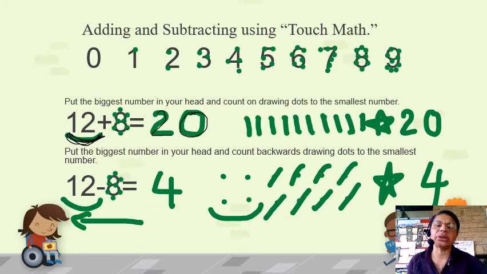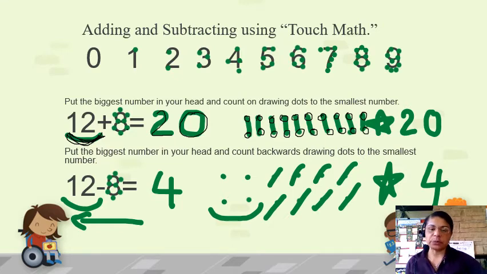So then I went here and I put little dots. 1, 2, 3, 4, 5, 6, 7, 8, 9, 10, 11, 12, and then I added 8 more. 1, 2, 3, 4, 5, 6, 7, 8.